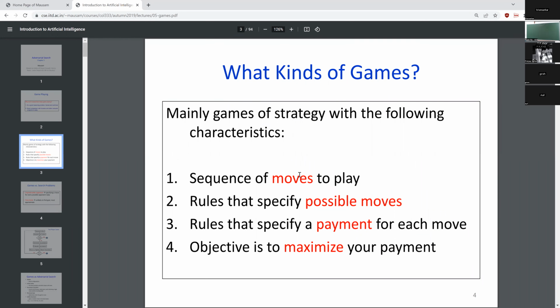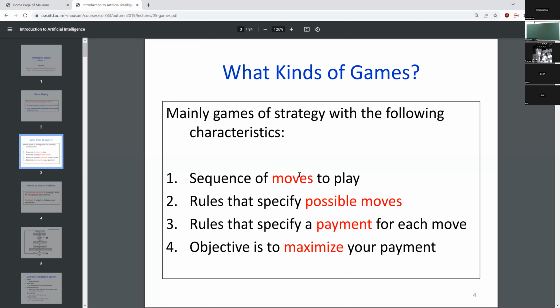A state of the game in the example of chess will be a board configuration, and each board configuration will be associated with a certain cost, and that cost will give you a measure of how well you are positioned in the current ongoing game. Right, so we'll see more details about it.